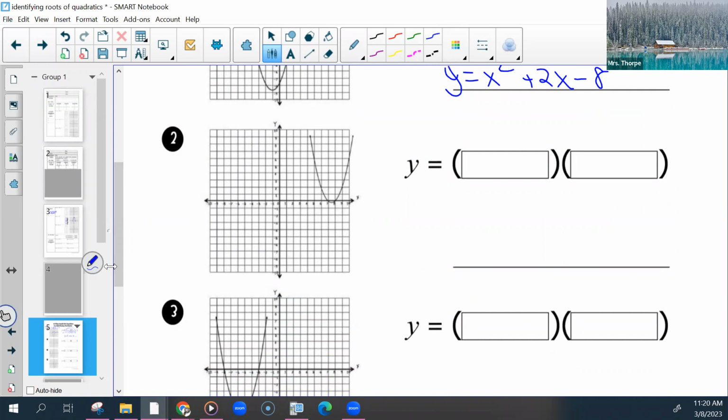Seven and 8. So then how would we write both of these in factor form if it has to be the opposite?